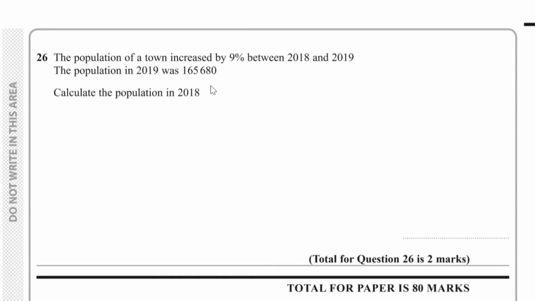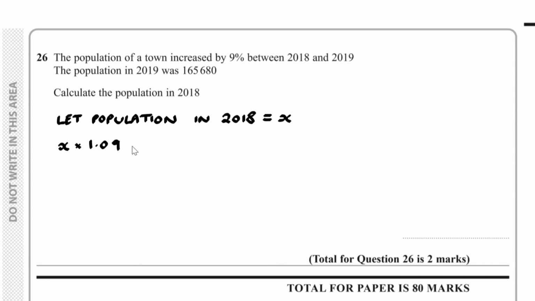Question number 26. The population of a town increased by 9% between 2018 and 2019. The population in 2019 was 165,680. We have to calculate the population in 2018. Well, if I let x equal the population in 2018, we've got x multiplied by 1.09, and the final population in 2019 is 165,680.